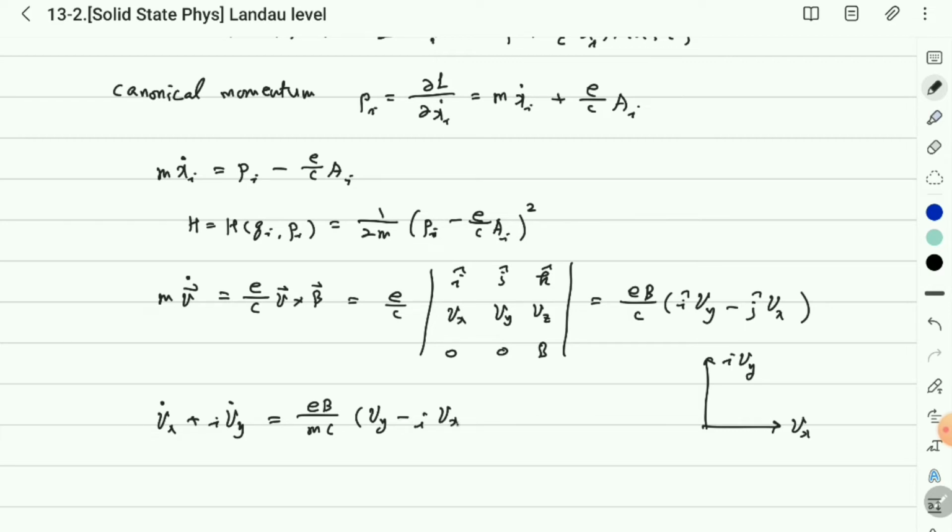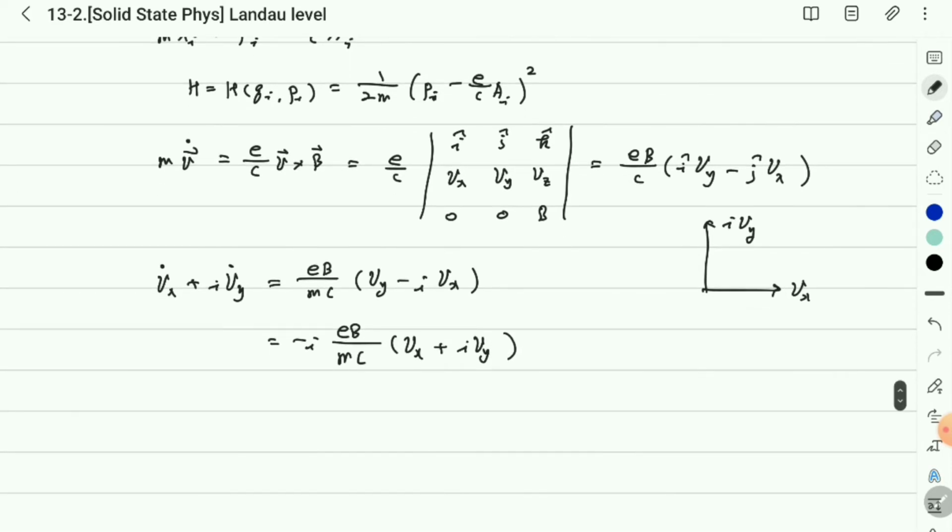Yes, i is not a vector basis, it is the imaginary unit. Then it is minus i eB over mc times (vx plus i vy).